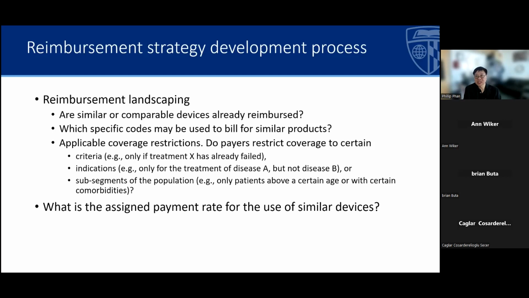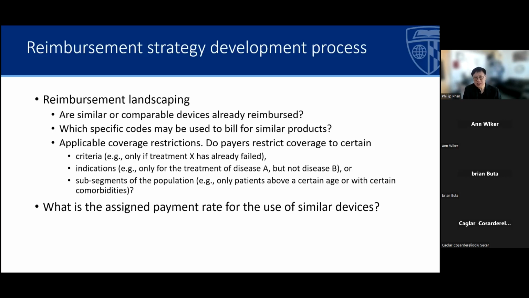So the sequence in which the therapy is provided sometimes matters. You might not get coverage if your therapy is coded as something that can only happen after the patient gets A and B, and you are C, and if C is being prescribed as a first line treatment, then you might not get coverage there.